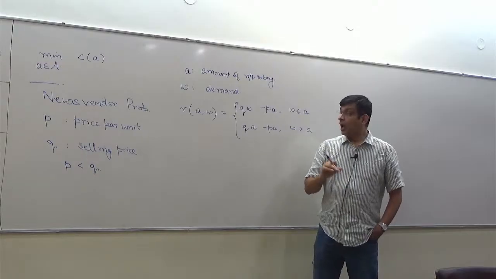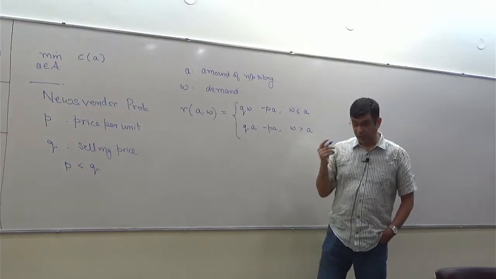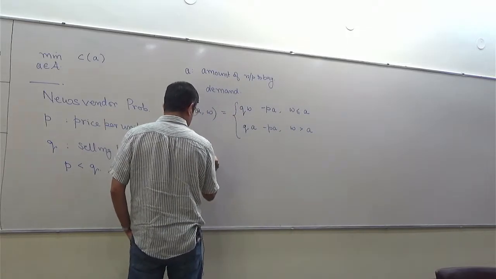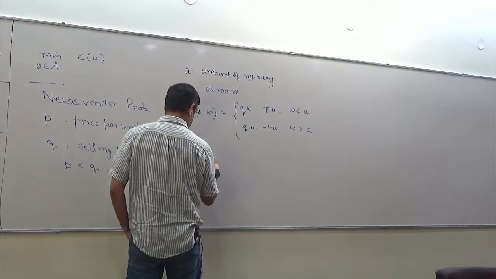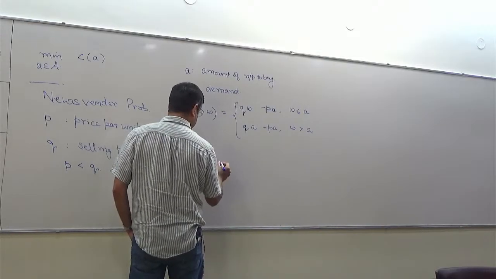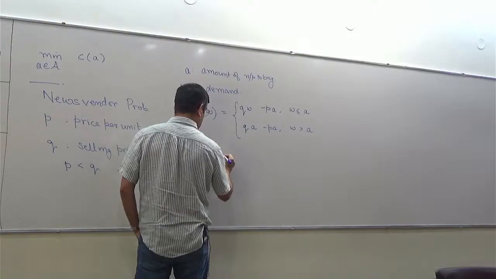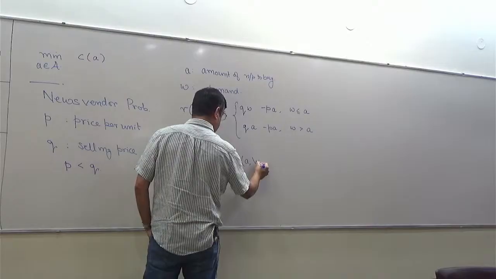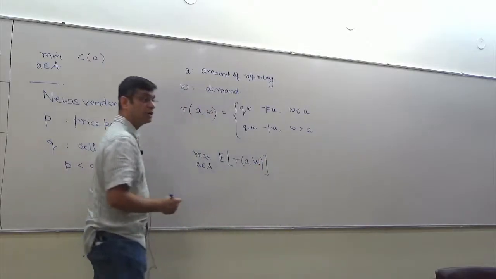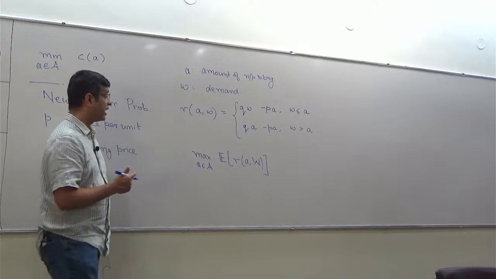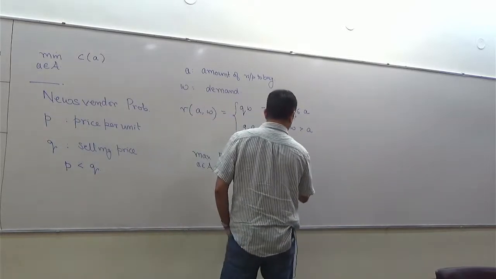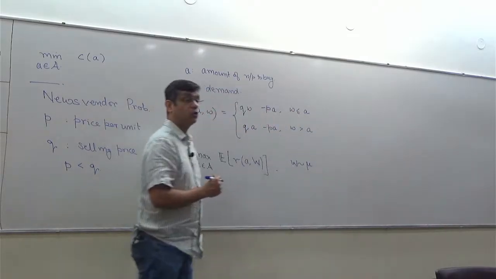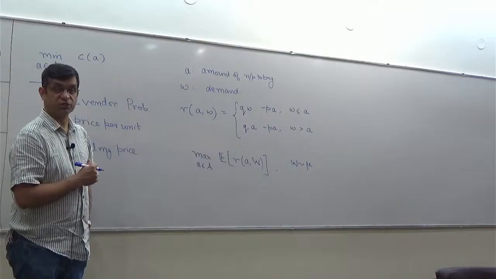In that case, my objective is to maximize my reward over some set, taking the average value of my return when W is a random variable according to some distribution. And I'm assuming here I know W is sampled according to some PMF, let's say mu, and I know what that PMF or PDF or whatever distribution is.